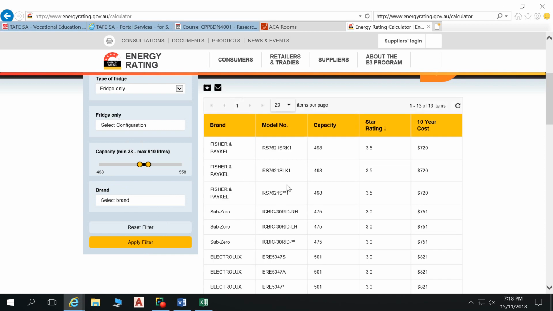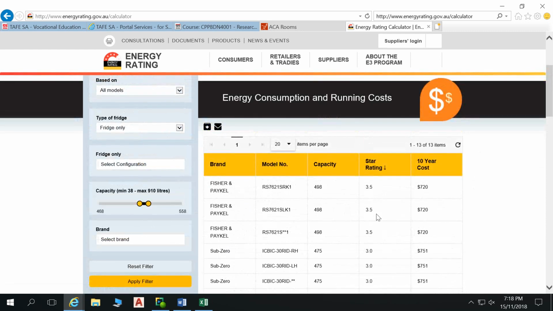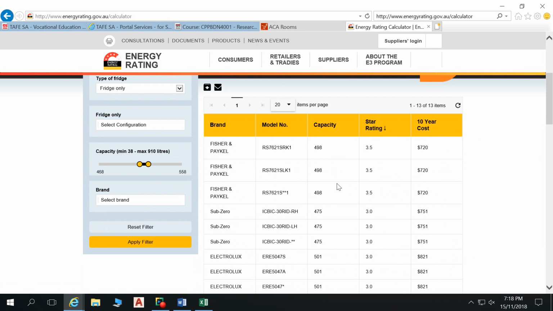And that'll tell us, okay, we've got this one here, capacity 498, and it's all been ordered in star ratings. So we can have this 3.5 star Fisher & Paykel 500 litre or 498 litre fridge.